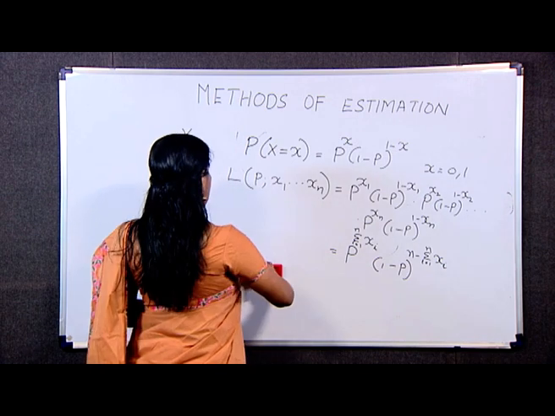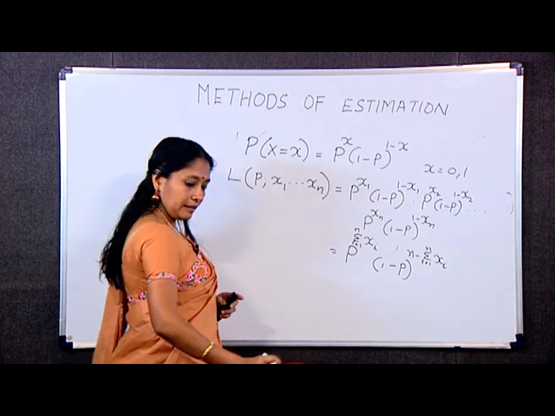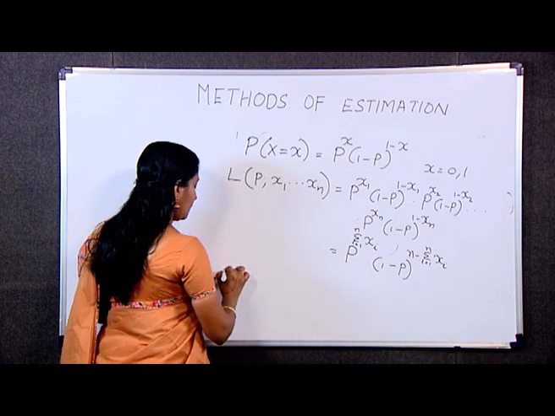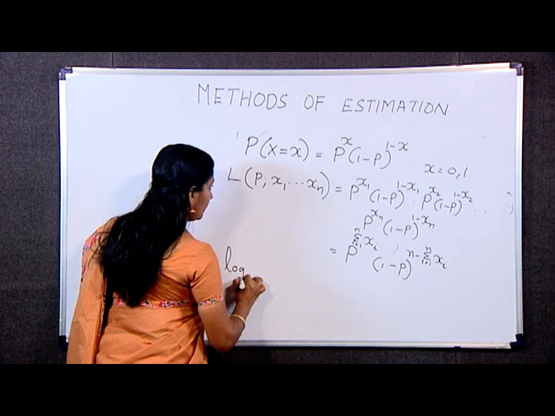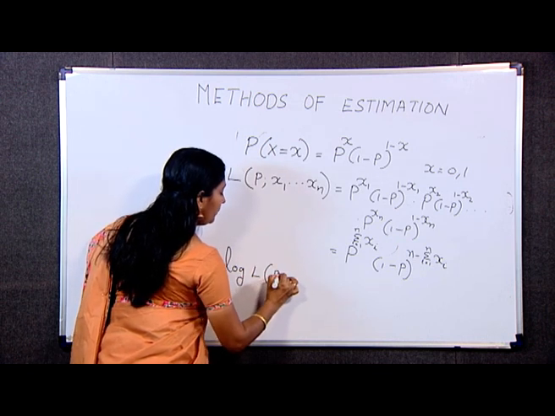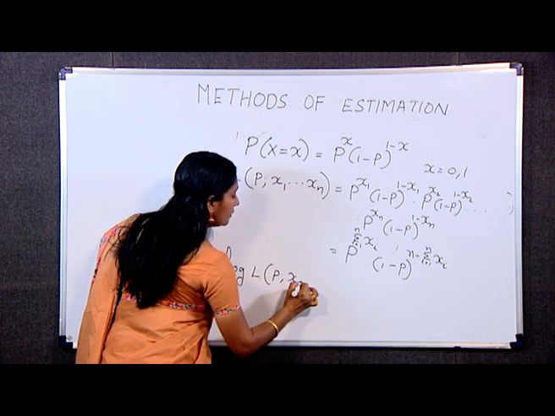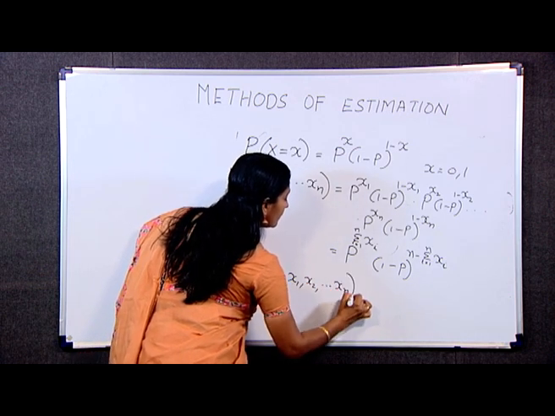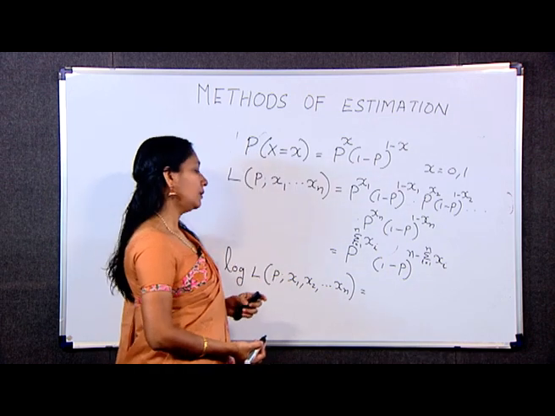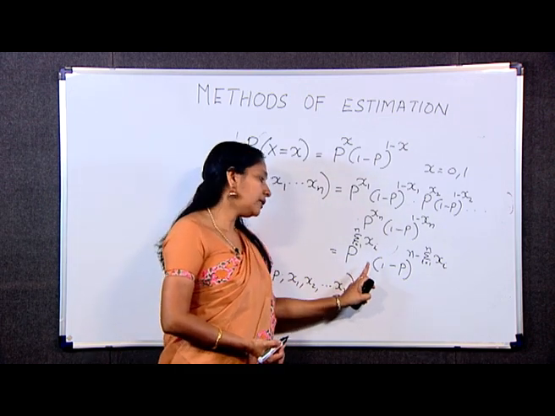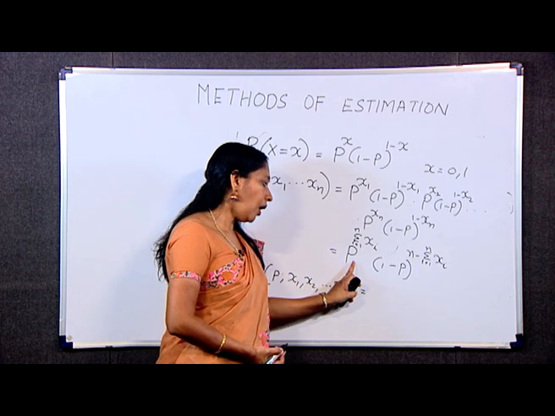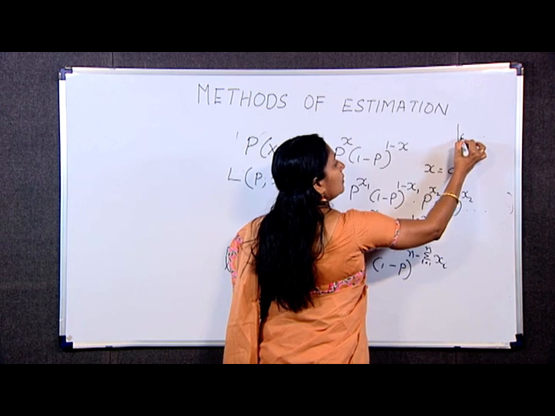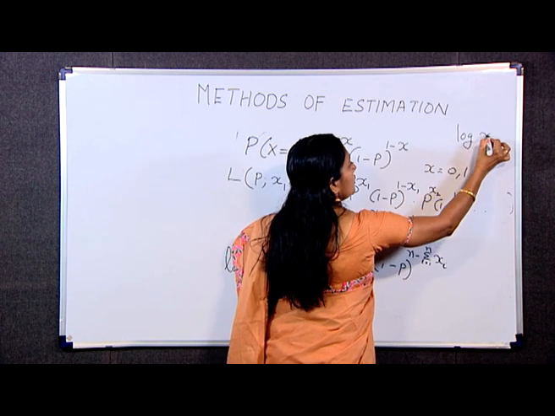So, this is the likelihood function. Now, let us take the logarithm of the likelihood function. So, log L(p; x1, x2, etc., xn) is equal to, when you take the logarithm of the right hand side, it is of the form logarithm of x raised to m.